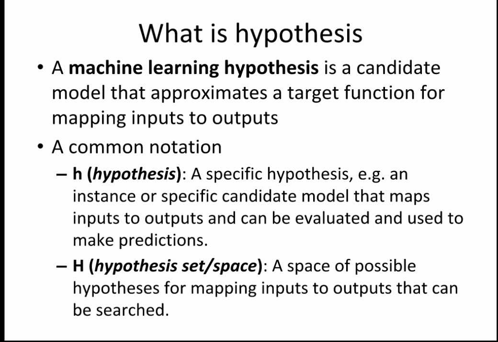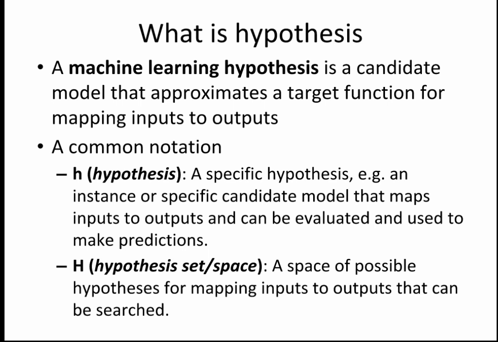So in our machine learning, we compare our hypothesis with a model that gives you an idea of what your target function should look like by mapping between input and outputs.